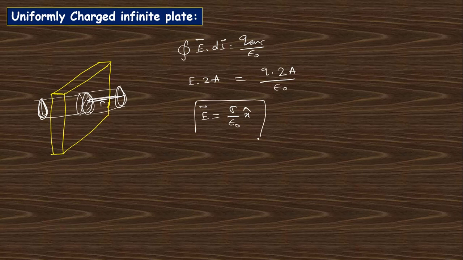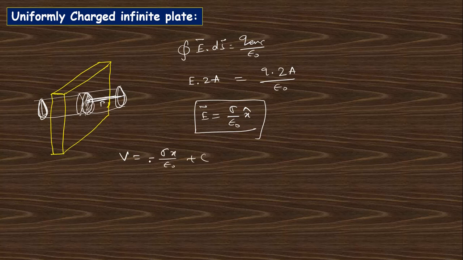In the previous case it was sigma by 2 epsilon naught due to a single charge sheet, but here there are two surfaces. Since this is thick, there are two surfaces of charged area, so the total charged area is sigma into 2a. Clear? So this is the electric field, and the corresponding potential is nothing but minus sigma x by epsilon naught plus c.